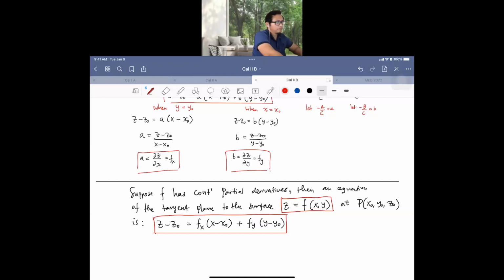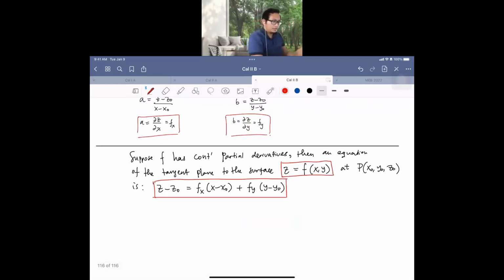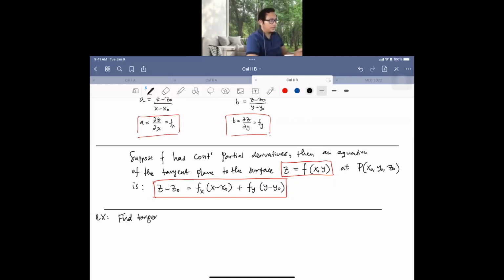Now in practice, actually it's not that complicated. So let me give you a context here, for example. Find the tangent plane to the surface z equal to 2x squared plus y squared at 1, 1, 3.